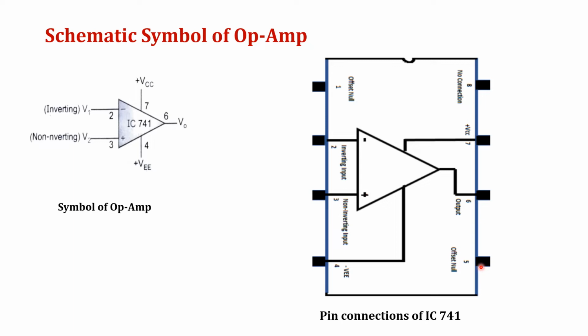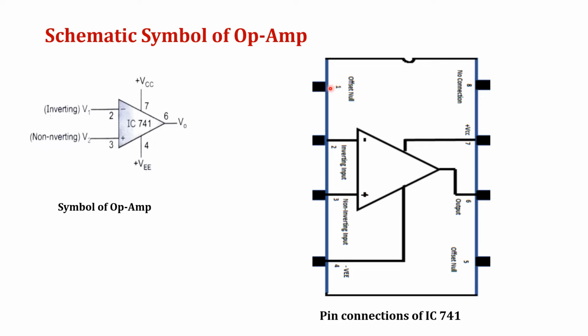To balance the offset null, the adjustment is usually done by connecting a potentiometer between terminals 1 and 5 so as to adjust the output voltage to 0 when input is 0.